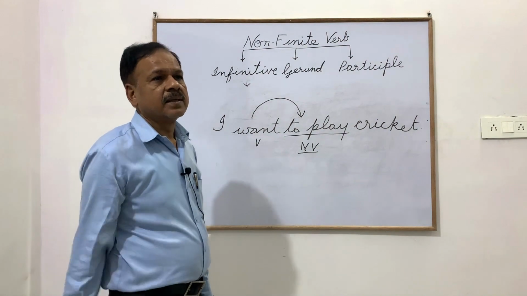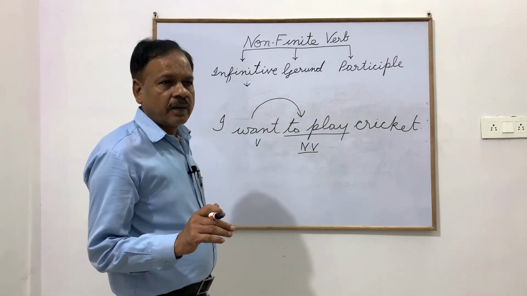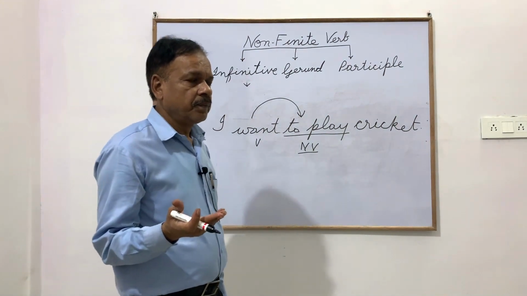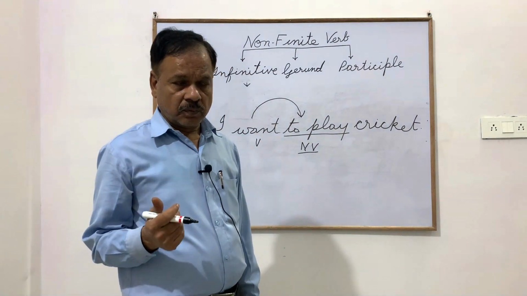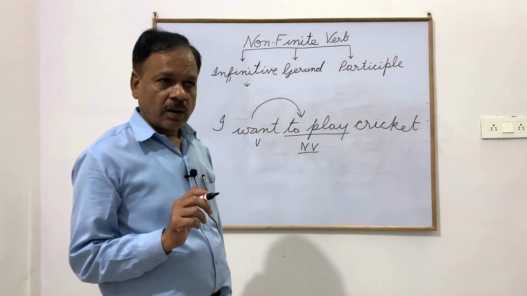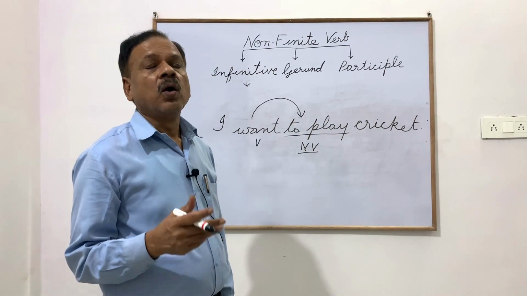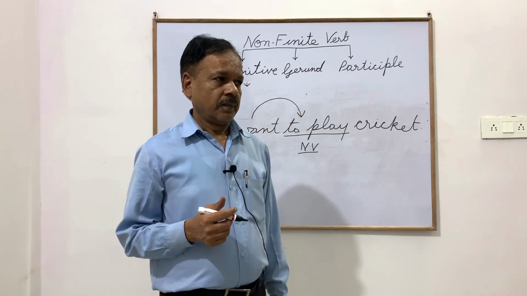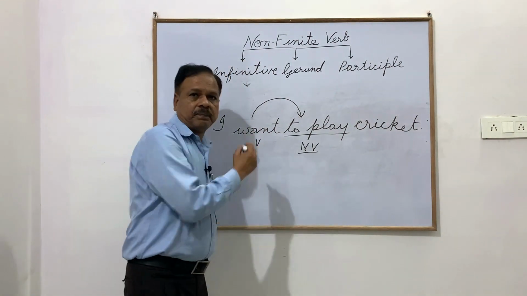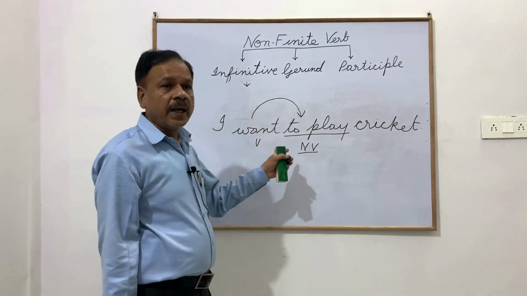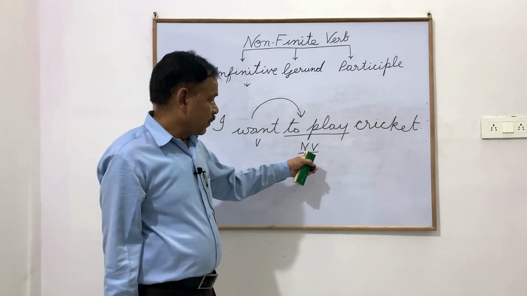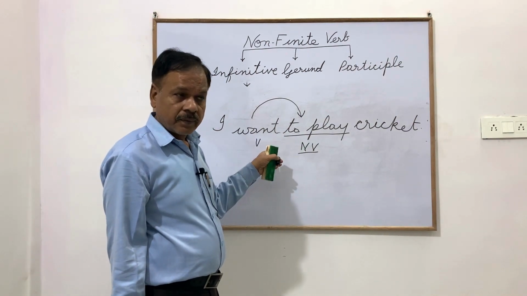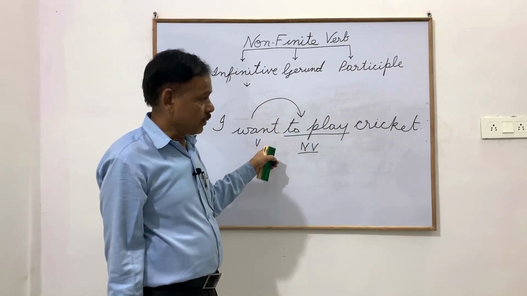So, in this function, it is doing the job of a noun, because the object of a verb is a noun. But one quality of a verb is that transitive verbs take objects. And want is a transitive verb. That's why this infinitive is the object of the verb want.